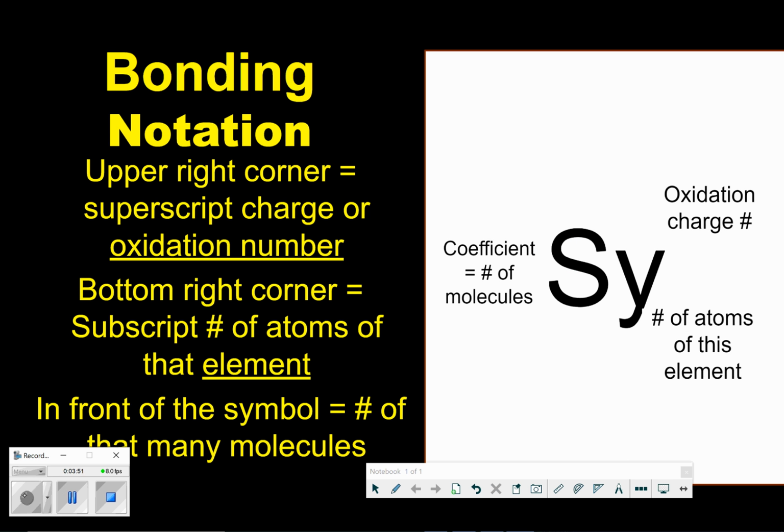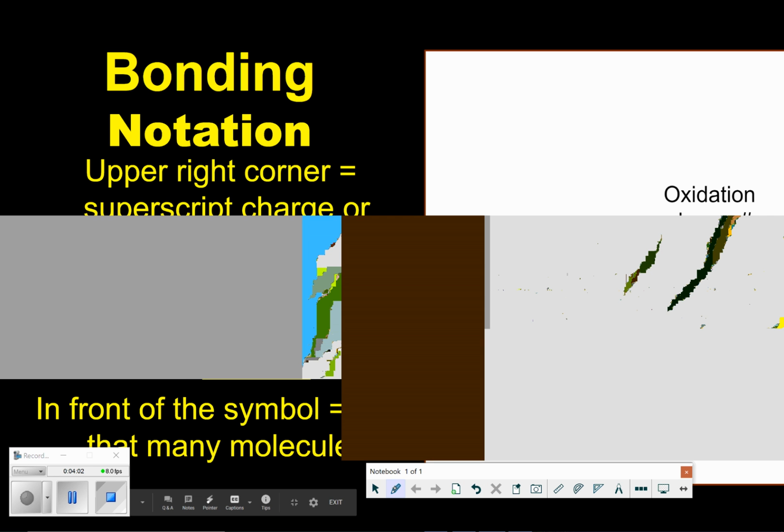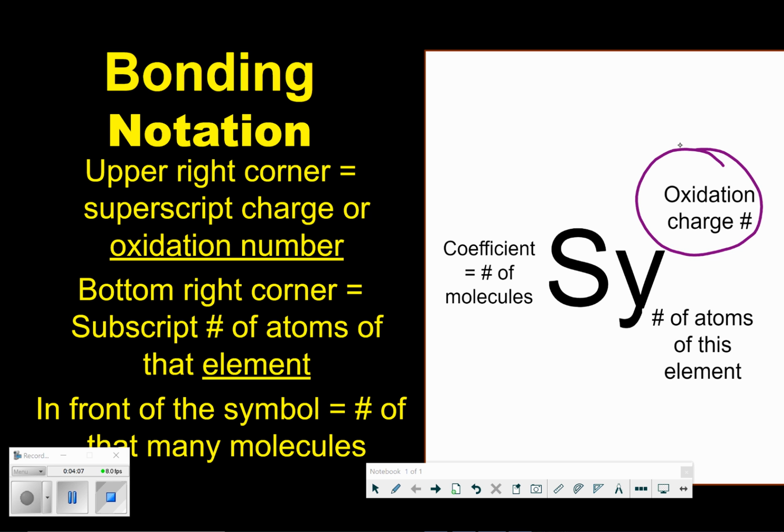Okay, bonding notation. So, the upper right-hand corner equals the superscript charge or the oxidation charge. That is this right here. That's going to be a +1, +2, +3, plus or minus 4, -3, -2, -1.